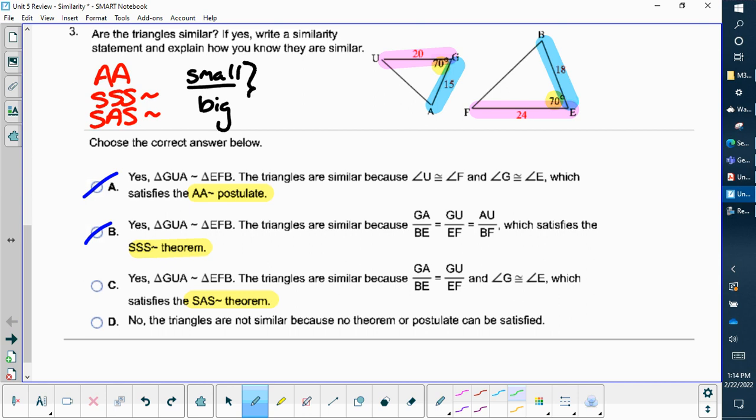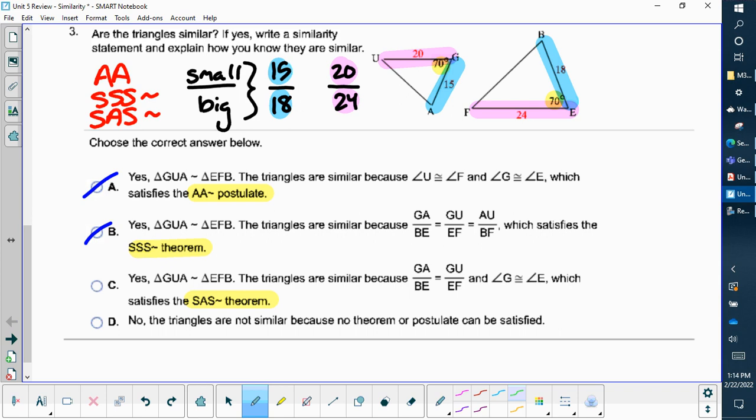And I'm going to use this to make a couple ratios. So I'll do the blue ones here, small over big, and I'll do the purple ones here. And I'll see if they equal each other. So the small is 15 and 18, and you notice I did the small, from the small triangle to the big triangle. 20 over 24.